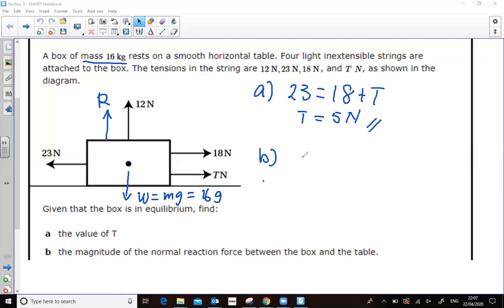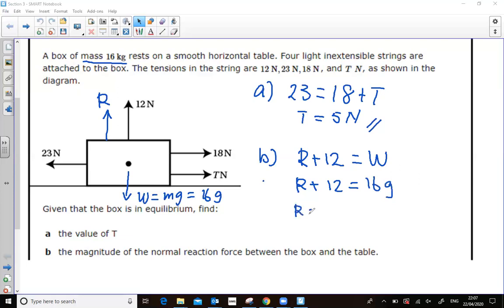So that means the normal reaction force R plus 12 newtons must equal the force acting downwards, which is the weight W. We already know that the weight is 16g, so let's replace that.